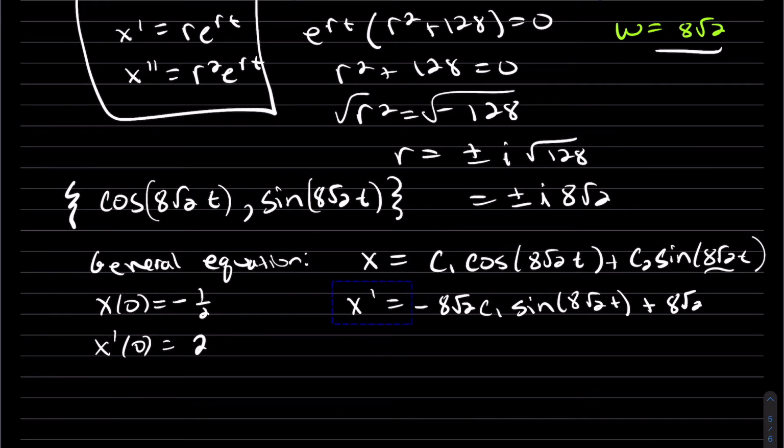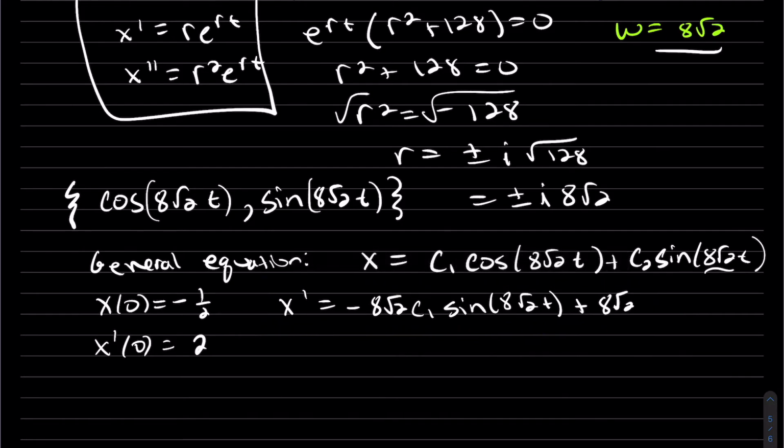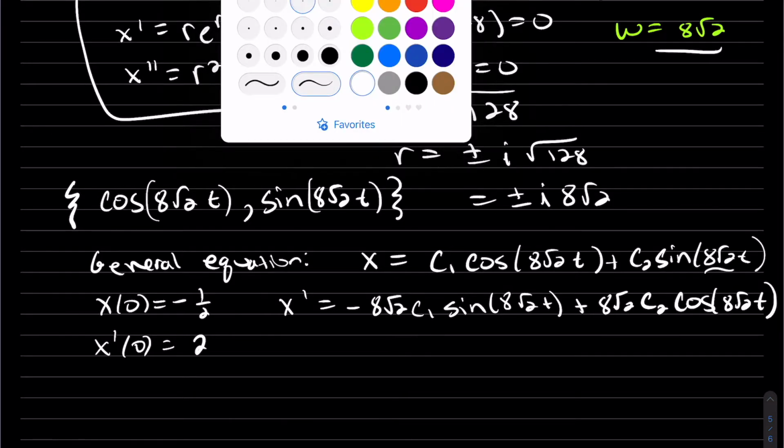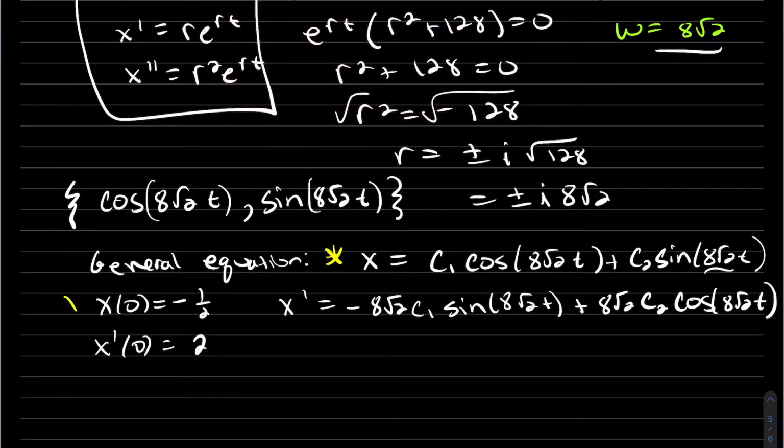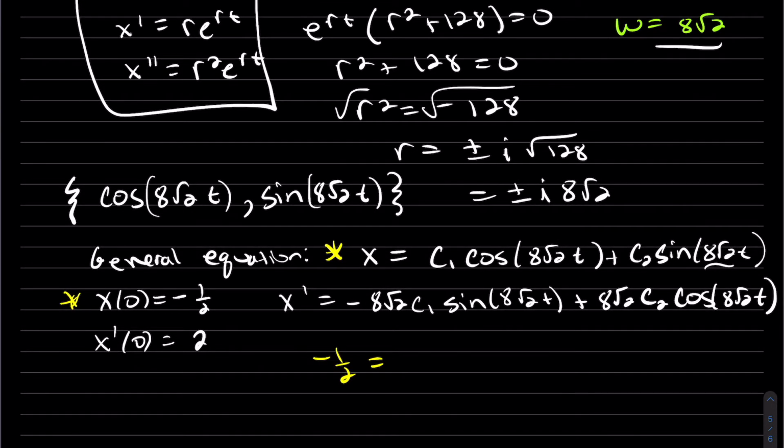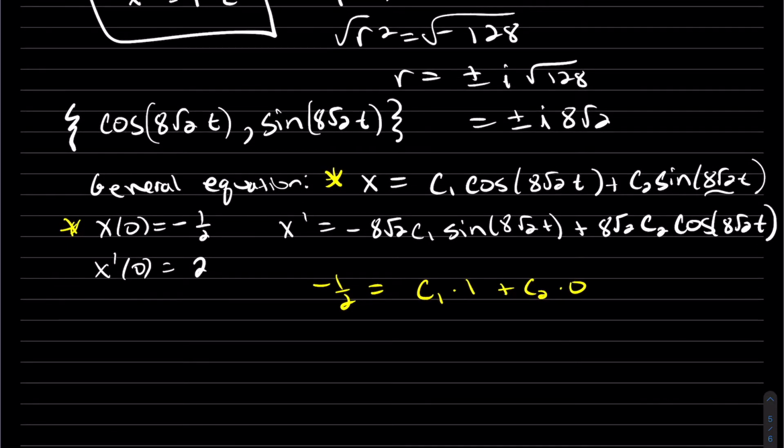Looks like I need a little bit more room here. Okay, so I took the derivative, now I'll plug them both in. So in our first equation, we'll plug this in. So -1/2 equals cosine of 0 is 1. So we found our C1.